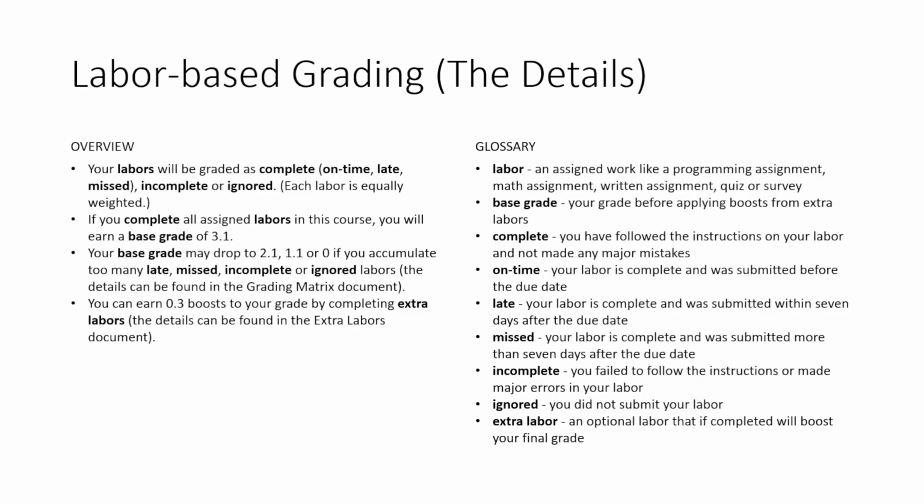So here's the overview. Just to start out, first of all, everything in the class is going to be a labor. That's what we call it. That's just terminology. So assignments, quizzes, and so on, they're called labors. They will all be graded either as complete, incomplete, or ignored. The complete ones are further subdivided into on time, late, or missed. And over on the right, I have a little glossary that tells us what that means.